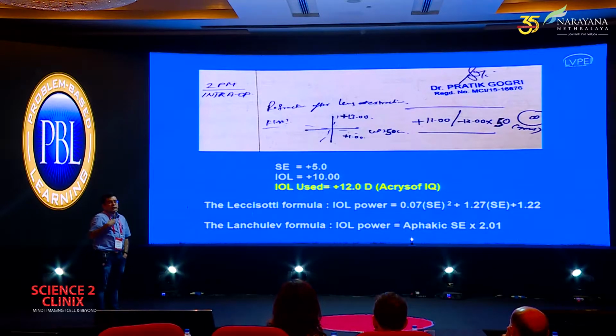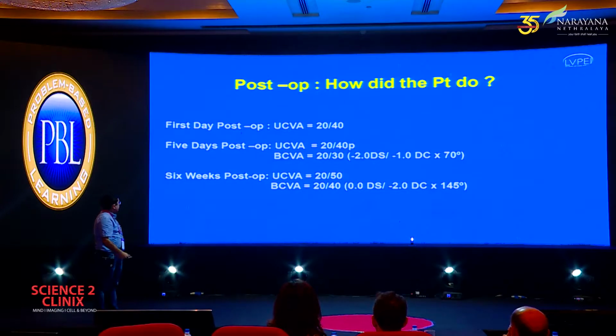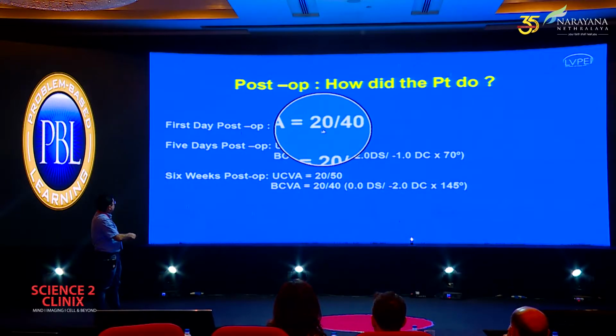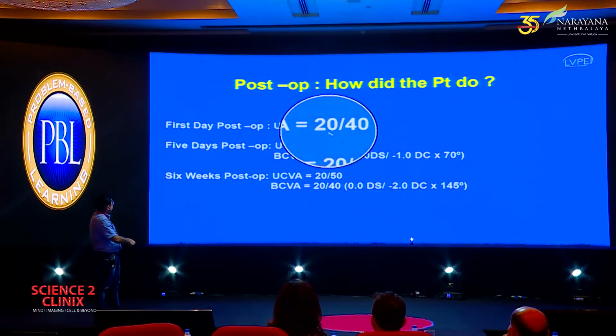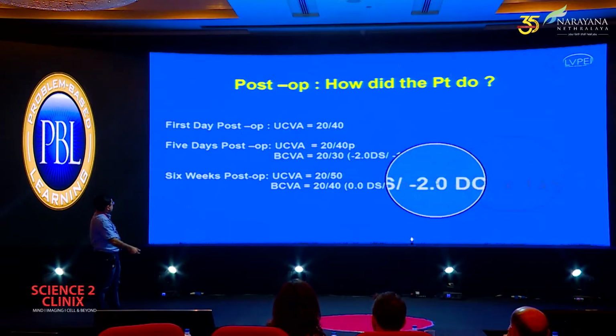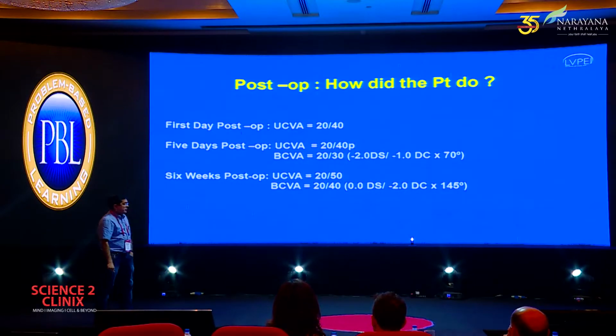Because I was not sure about it, if I have to err, I would like to err on the myopic side. So I added +2 to 10, and this is what I got. First day post-op 20/40 unaided, and after 6 weeks it's -2 cylinder at 140 degrees.